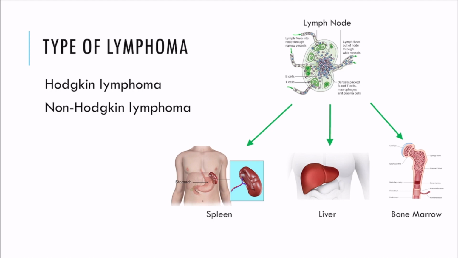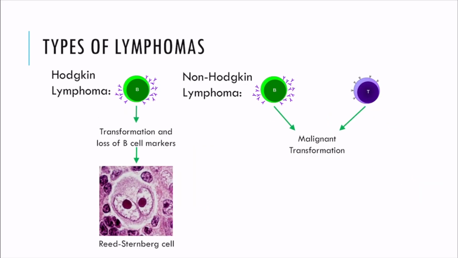And Hodgkin lymphoma is one of the most treatable cancers that you can get, and there are factors about it that make it unique, but its primary marker is that the cancer causes alterations in your B cells. And as it says in the notes, transformation and then loss of typical B cell markers.